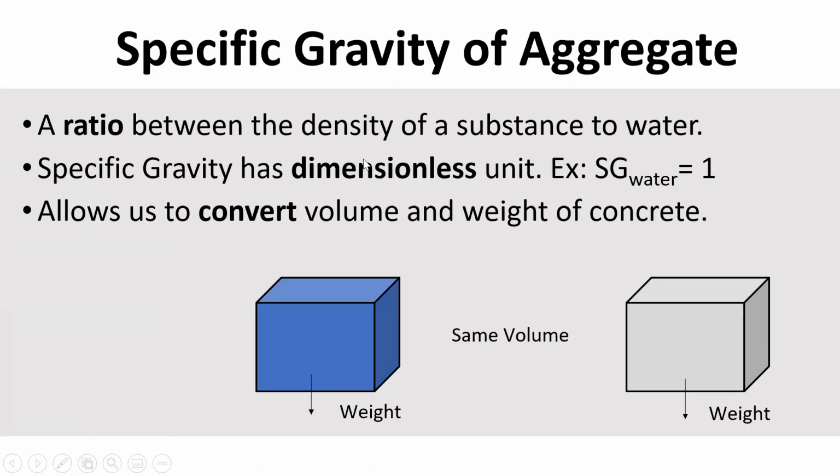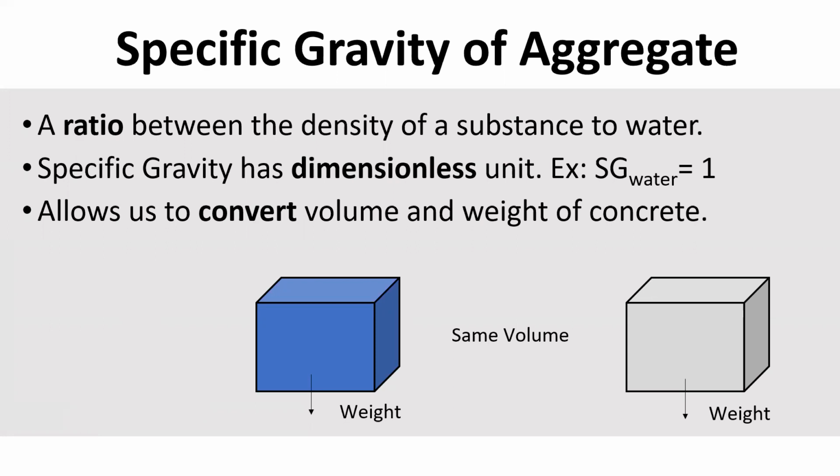So when we talk about unit weights, normally we start talking about specific gravity too. This is extremely important, especially for designing a concrete mix. Specific gravity is a ratio between the density of a material and water.